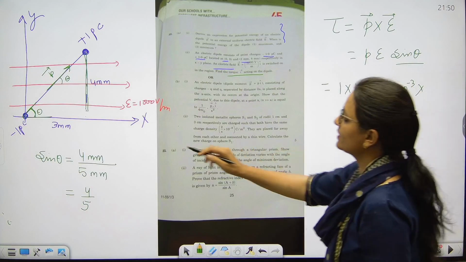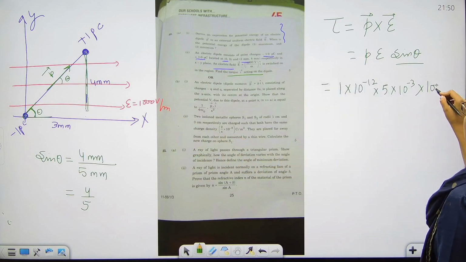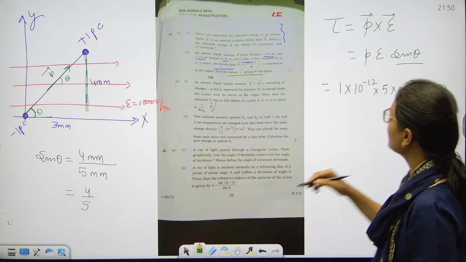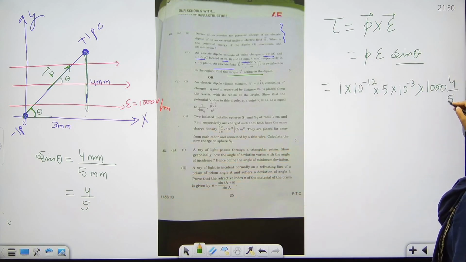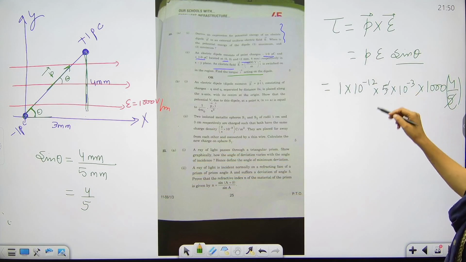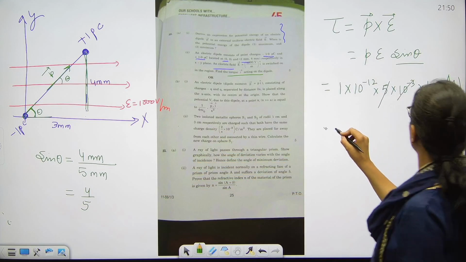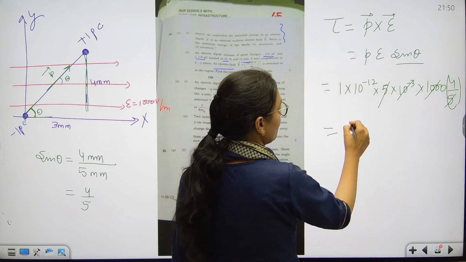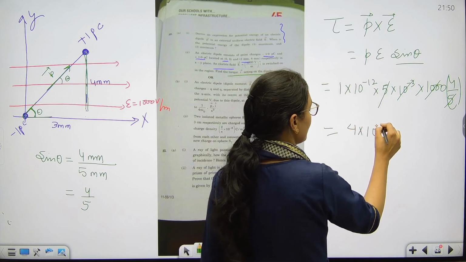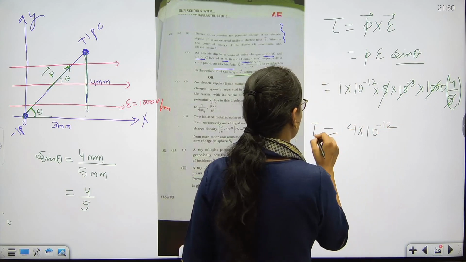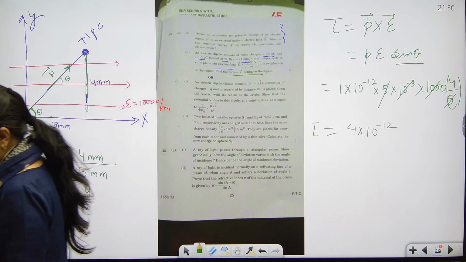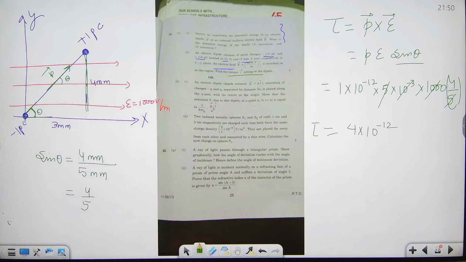Then we have to write the electric field 1000. Then we have to write the angle, which is 4 by 5. This will get cancelled. This will get cancelled. We'll be having the answer as 4 into 10 with the power minus 12 torque value. Okay.